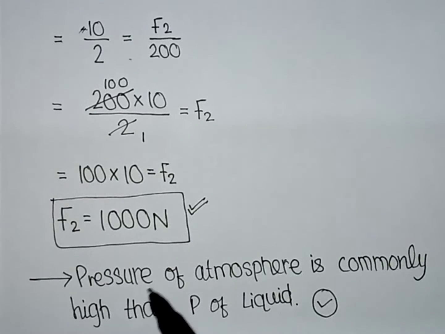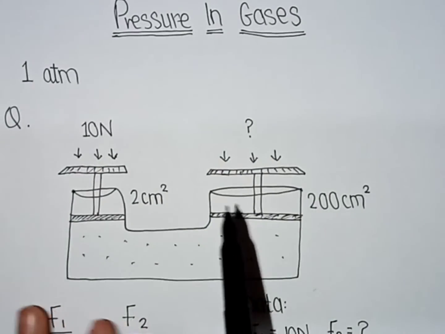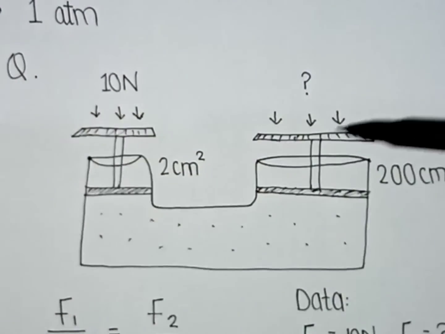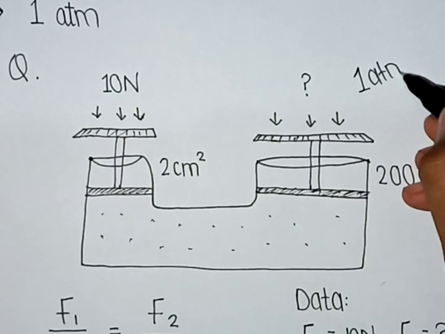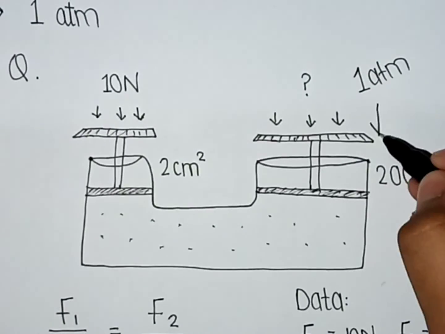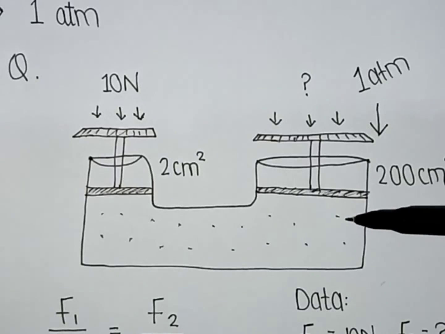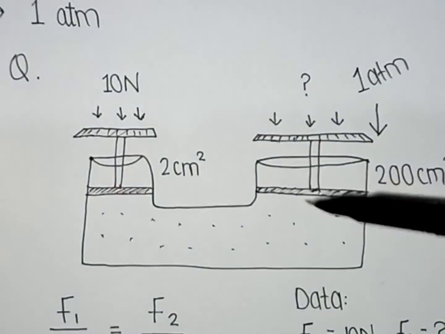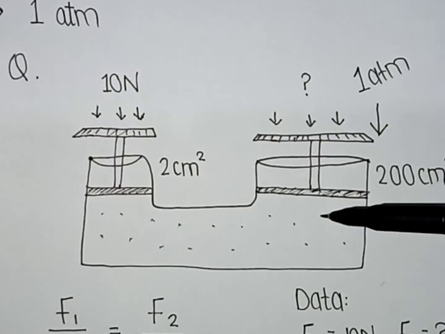Does it make sense? Obviously. As you can see in the diagram, the atmospheric pressure is always one, exerting more pressure than the pressure of liquids. Otherwise the liquid would move upwards and extend towards the air. It has more pressure, that's why it's controlling the water.